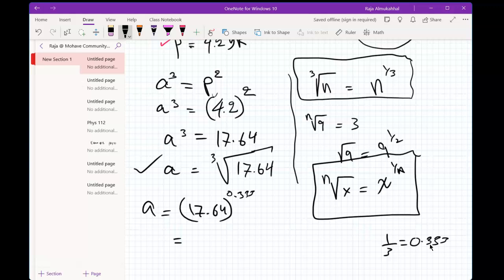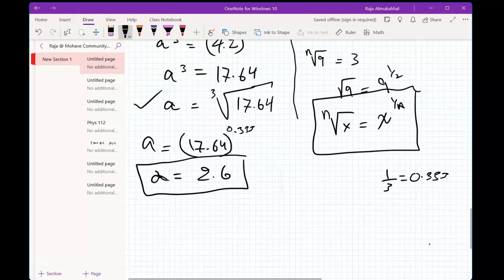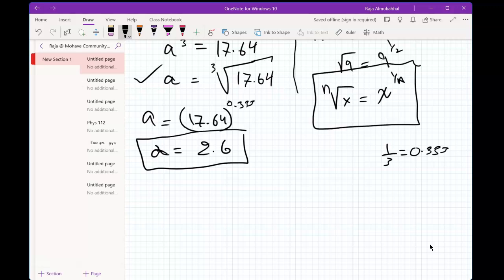Now I can do this with my calculator: 17.64 to the power of 0.333, and the answer is 2.6. Again, you can do this only if you don't have a cube root on your calculator. Got it? I hope you get that.